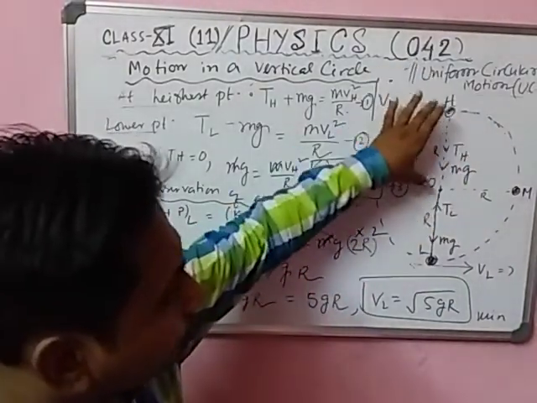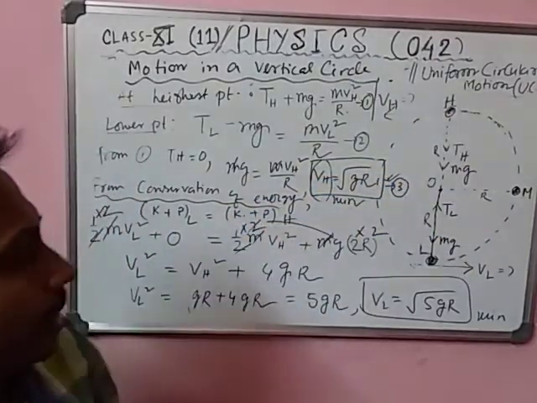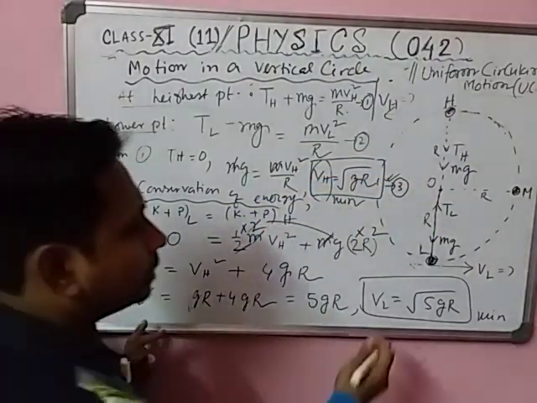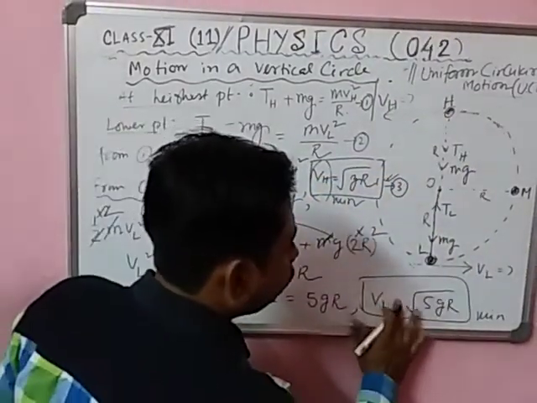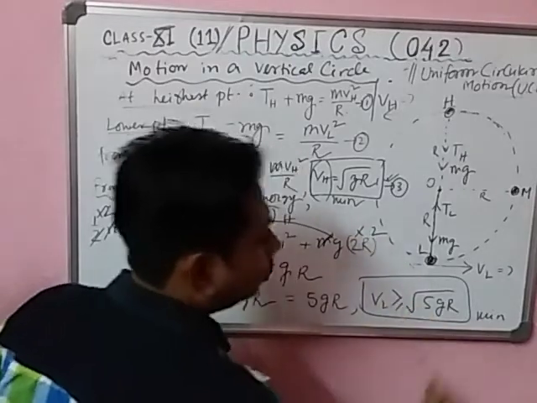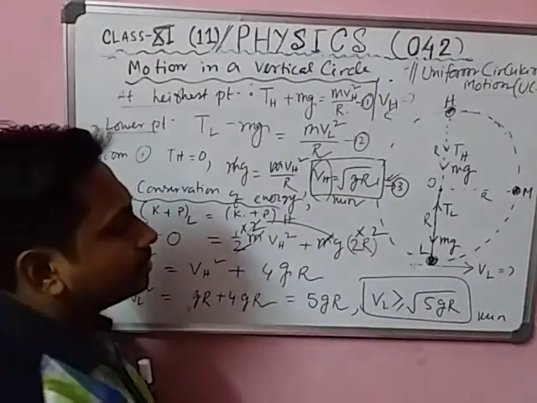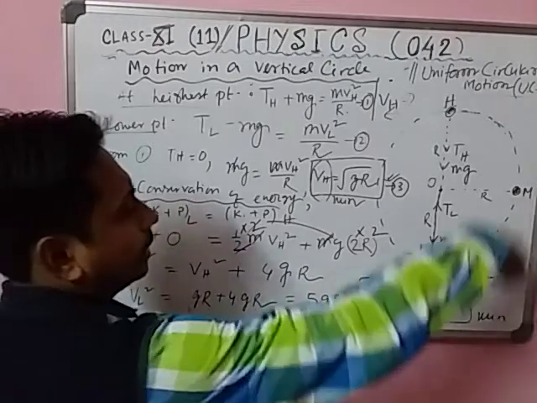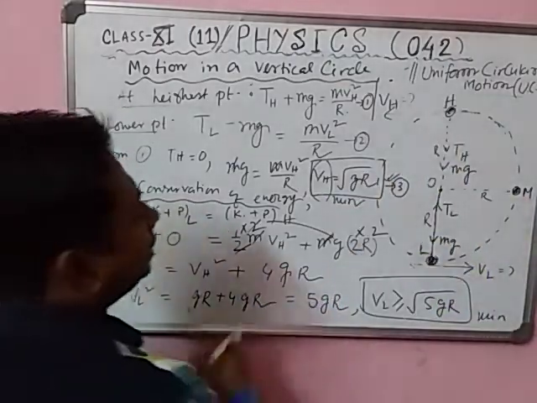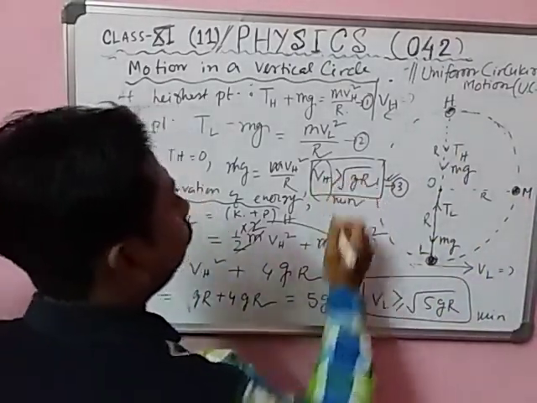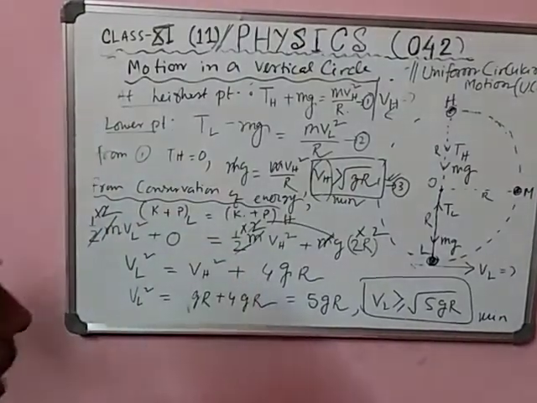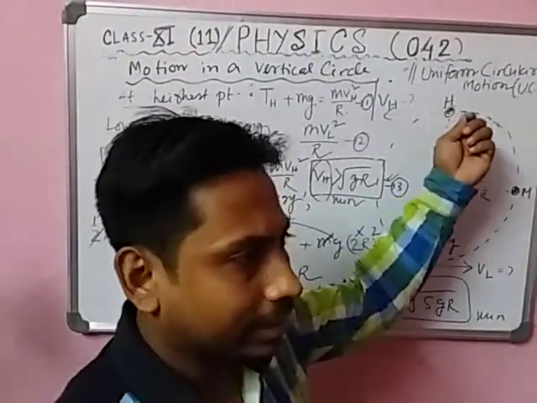If you want it to stay at the highest point, you must give this velocity. This is the minimum. So you can write greater than or equal to root 5gr, so that the body can make the circle. And the highest point velocity is also greater than root over gr. At equal, it just stays.